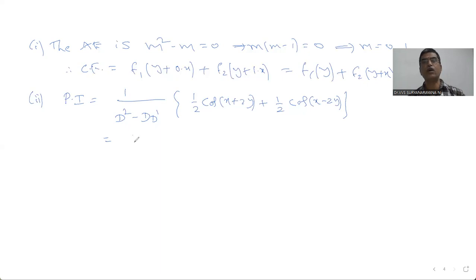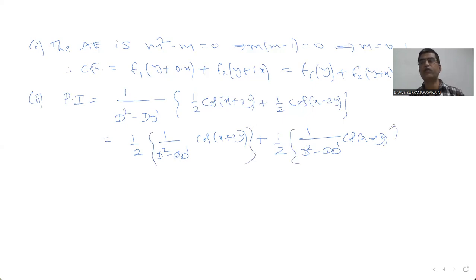So that means half of 1/(D² − DD') of cos(x+2y) plus half of 1/(D² − DD') of cos(x−2y). We separate this into two terms for convenience, to make the calculations easier and to avoid confusion.